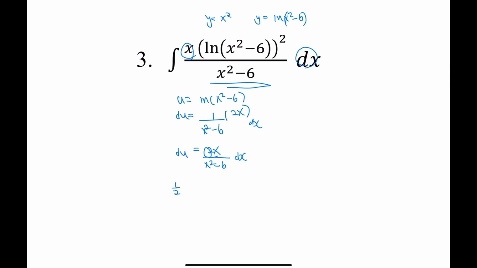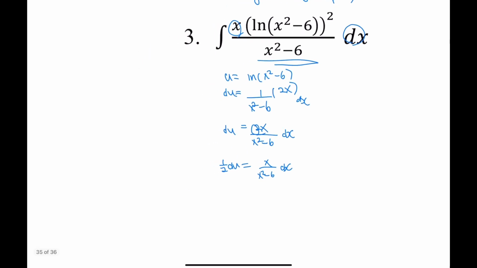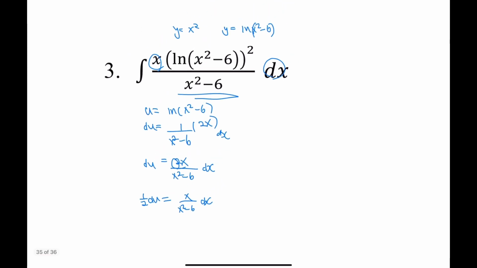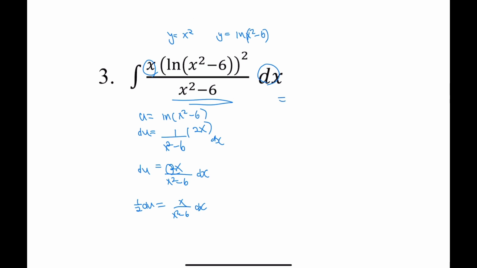So 1/2 du equals x over (x squared minus 6) dx. And then we'll use that to plug into the equation. So this is equal to 1/2 times u squared, and then du. Right, and then we'll do integration.